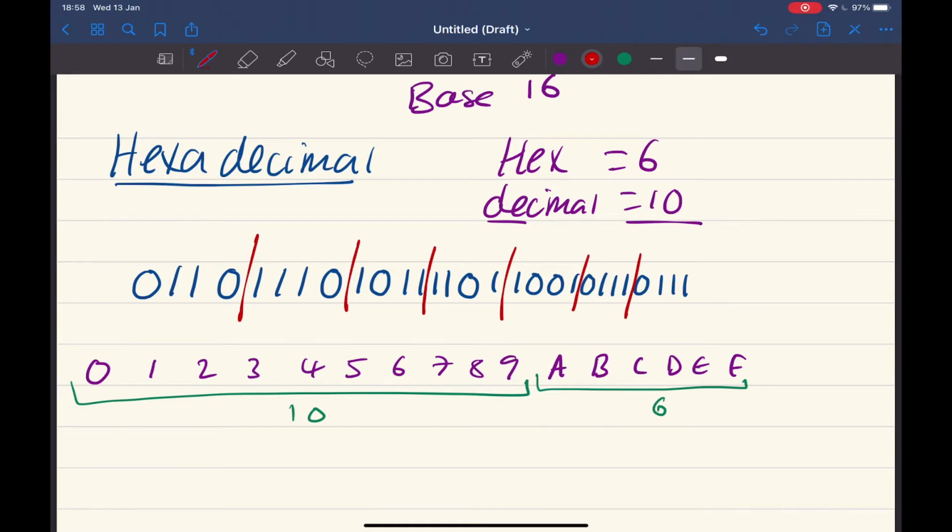Now, if I ask you to remember that whole binary number, you may make a mistake.